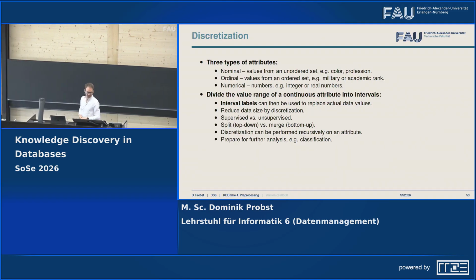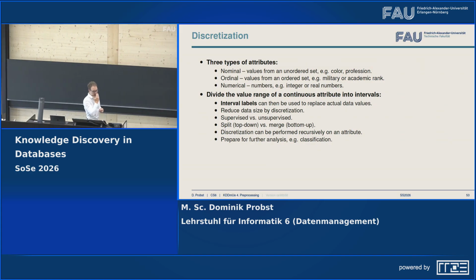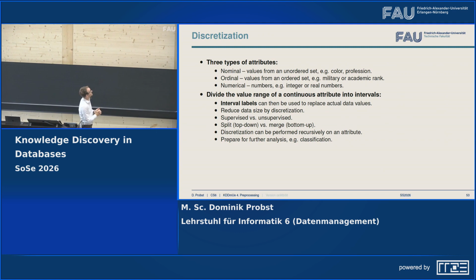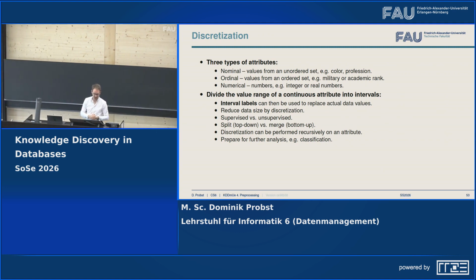Okay, then the last thing to talk about is discretization. Discretization is pretty important for a specific type of attribute. We already talked about nominal, ordinal, and numerical attributes in the data lecture.